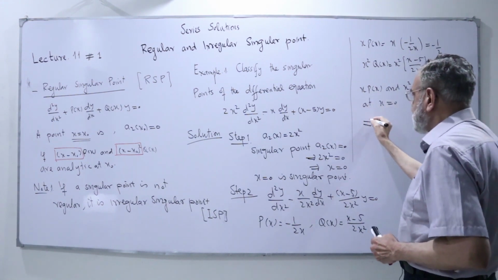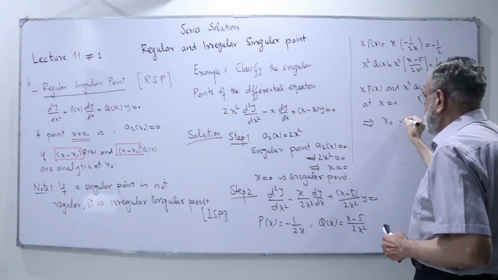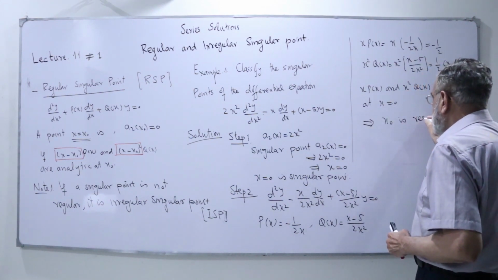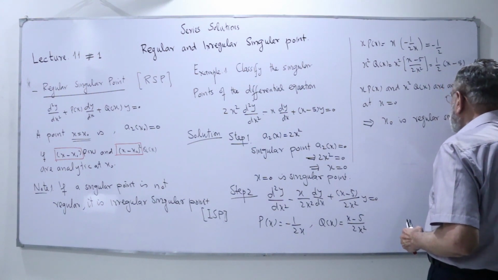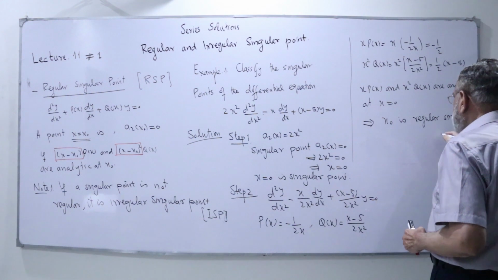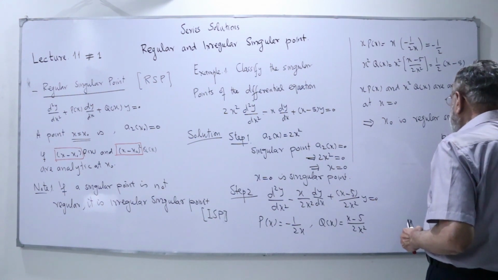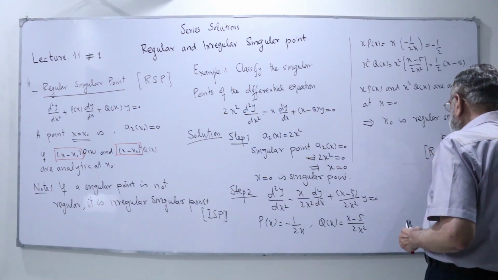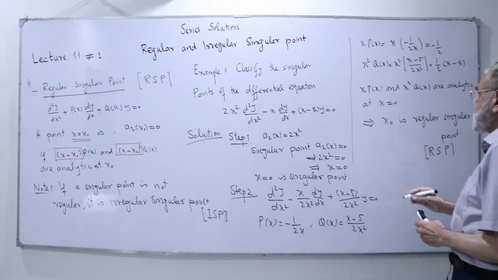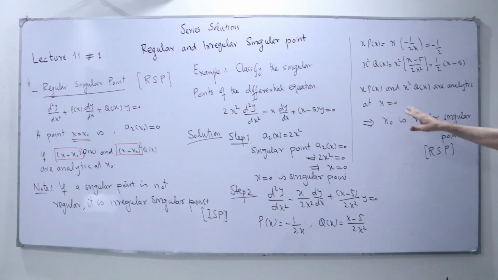This implies x equal to 0 is a regular singular point. And if this was not analytic or not defined, we say this is not a regular singular point, this is irregular. But here, because they both are analytic at x equal to 0, we say this is a regular singular point.